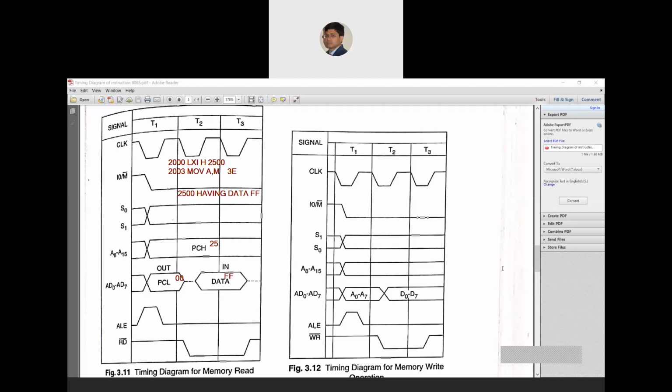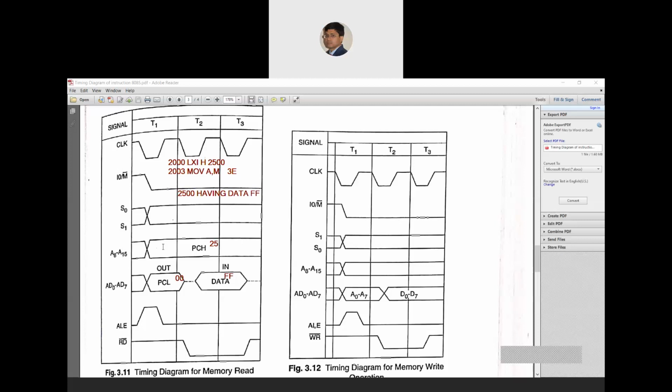IO bar is also the same as the opcode fetch operation because it is a memory related operation. The state of S0, S1 will be different with respect to opcode fetch operation. Here S1 is 1, S0 is 0. To show these changes, the previous opposite state is considered.